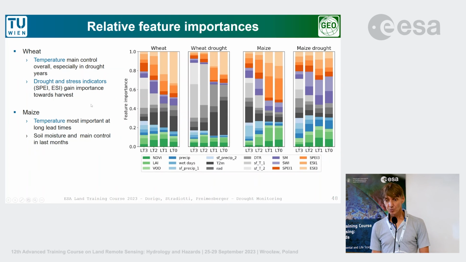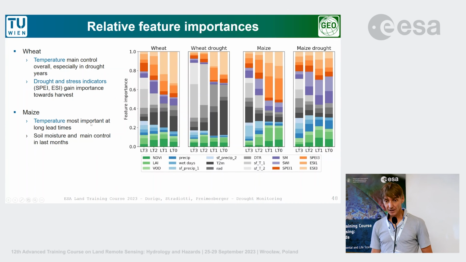But for wheat, towards the end of the season, the drought and stress indicators were very useful in predicting yield losses caused by drought.